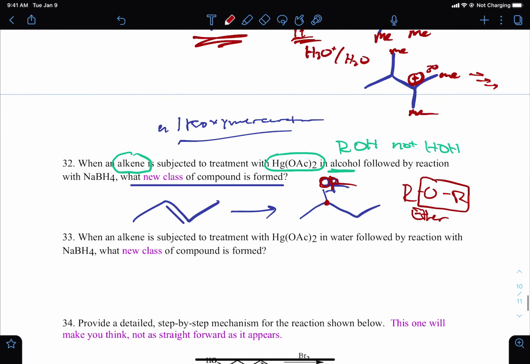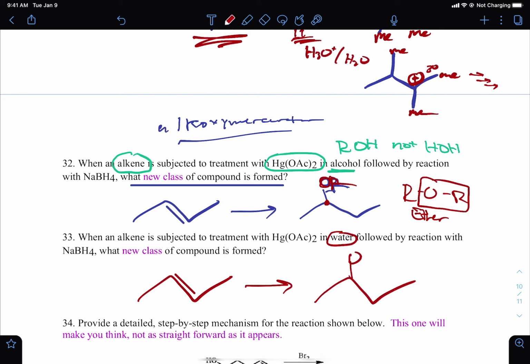If instead we use water, then it's what we just did. Then it was the alkene to make OH. And that's an alcohol.